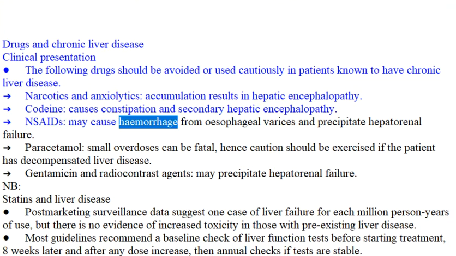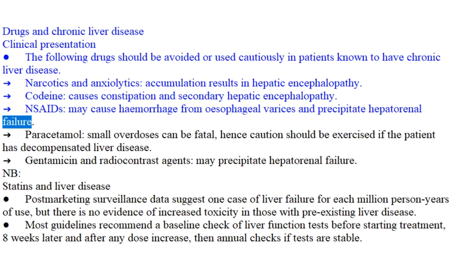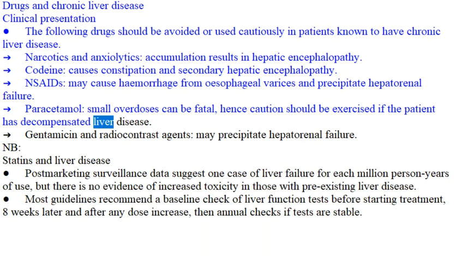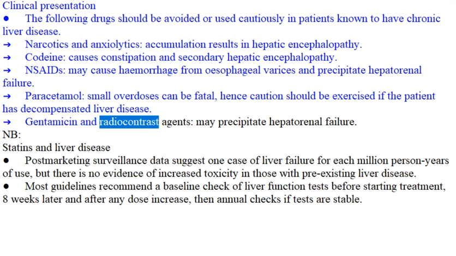NSAIDs may cause hemorrhage from esophageal varices and precipitate hepatorenal failure. Paracetamol. Small overdoses can be fatal, hence caution should be exercised if the patient has decompensated liver disease. Gentamicin and radiocontrast agents may precipitate hepatorenal failure.